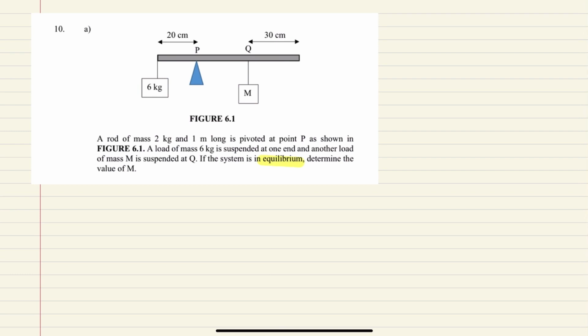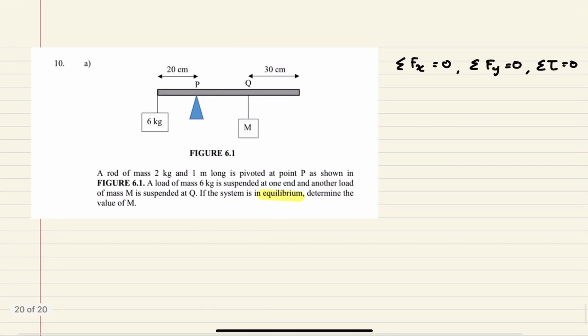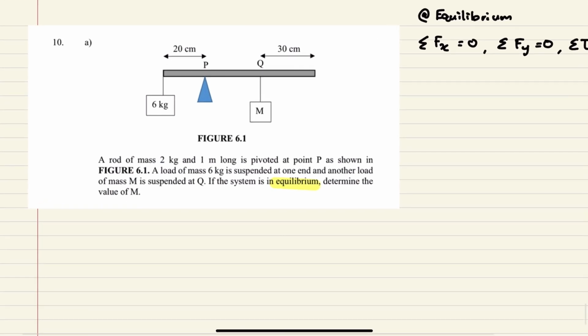Equilibrium means the summation of F equals 0, which you can write as Fx equals 0, Fy equals 0, and the summation of torque equals 0, because this one is at equilibrium. It means that this object is not moving, it's balanced.